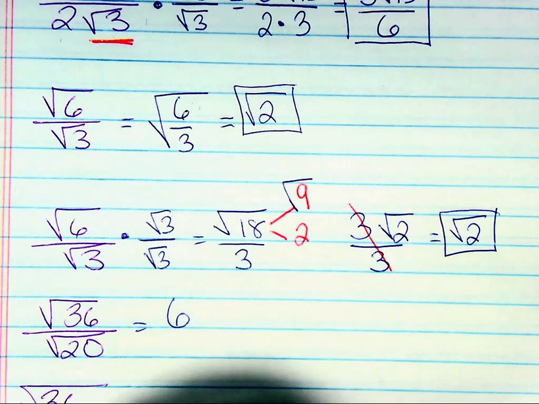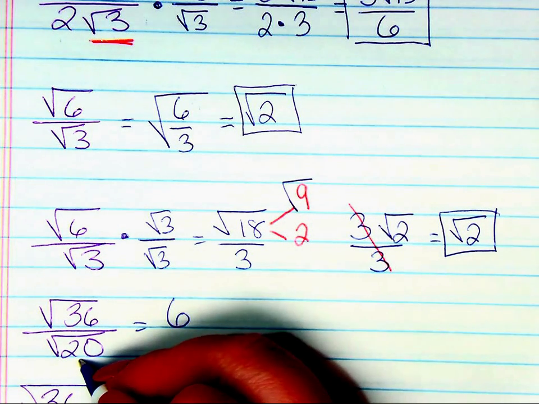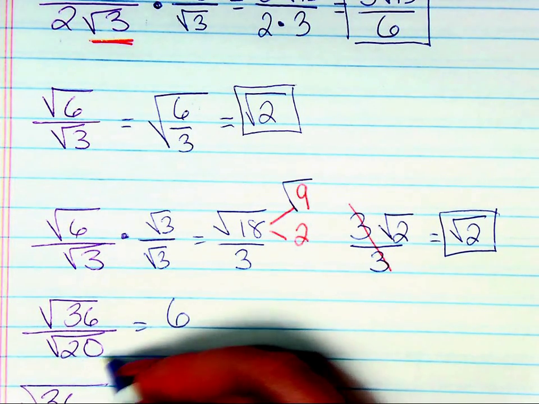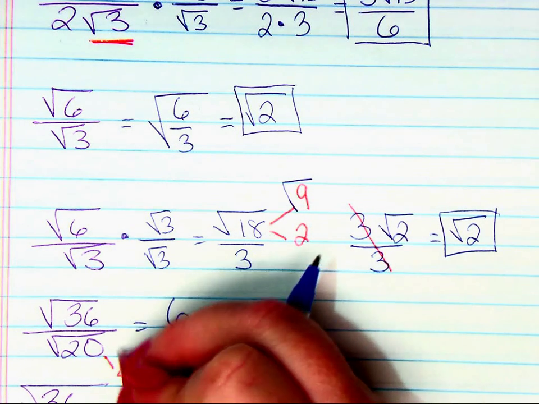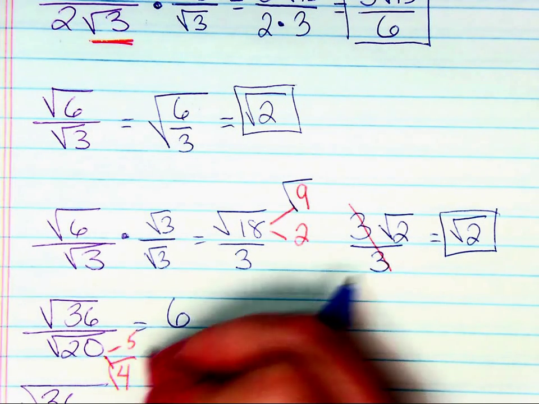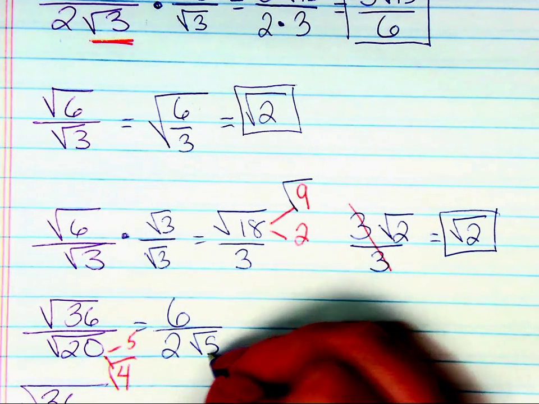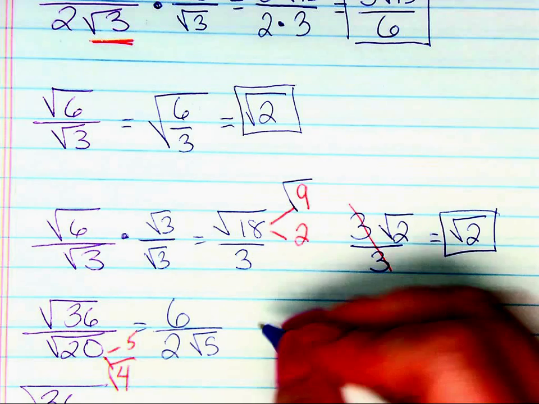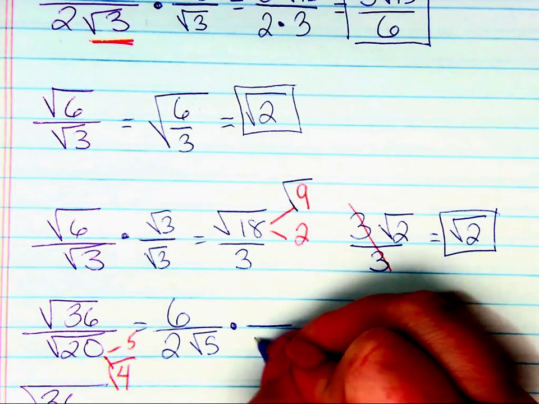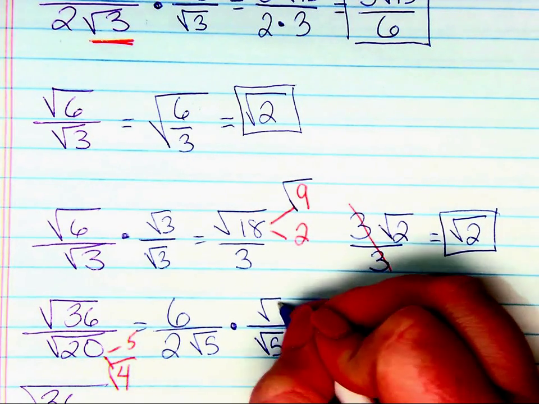You also want to simplify 20 into 4 and 5. Well, the square root of 4 is 2, and I am left with the square root of 5. In this way, I just have to multiply by the square root of 5 over the square root of 5.